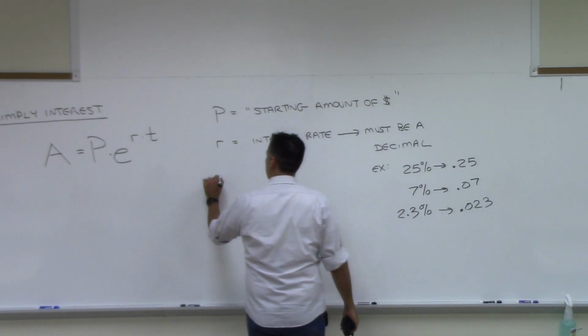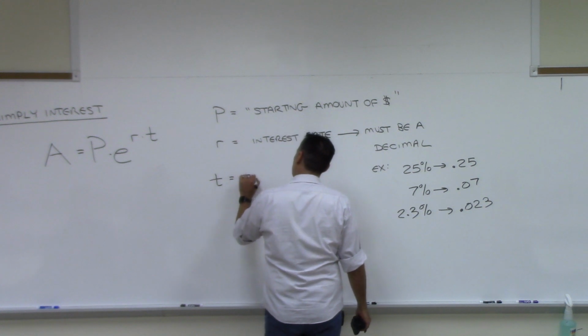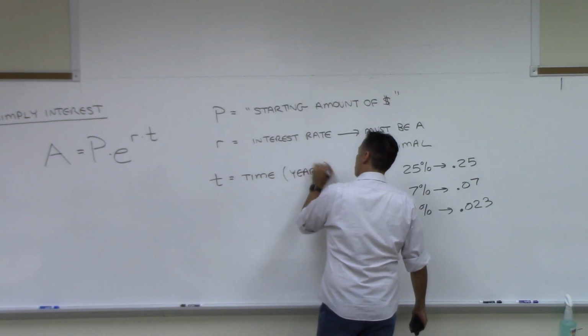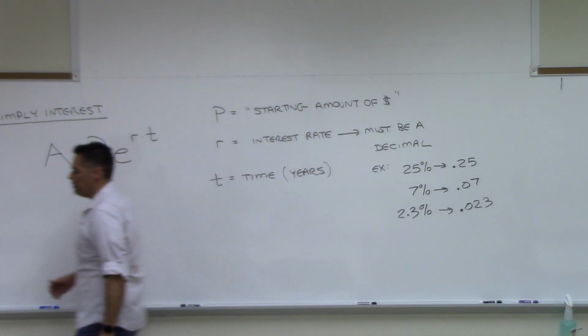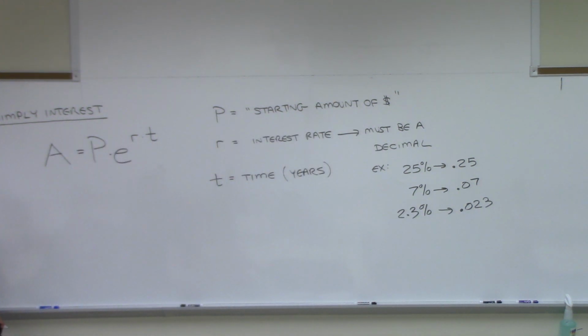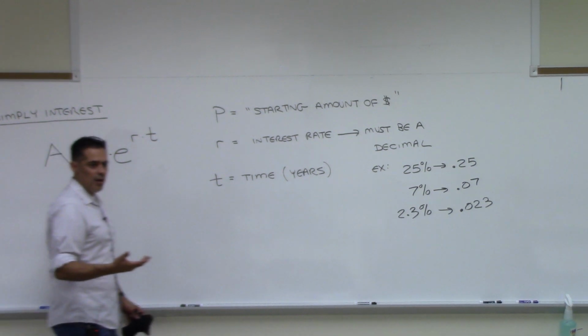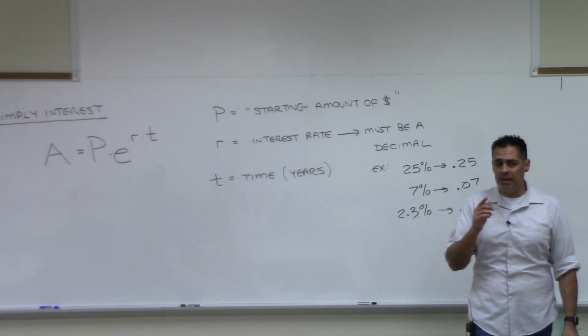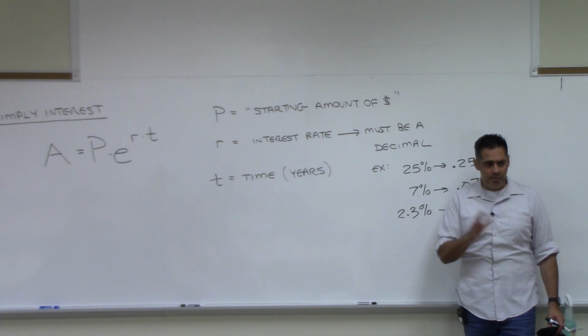And then T is time, and it's usually measured in years. So if you were going to put money into the bank and leave it there for 3 years, to see how much it grows, then T would be 3. If you want to leave it there for 6 months, then T would be 1/2. So it's always measured in years.